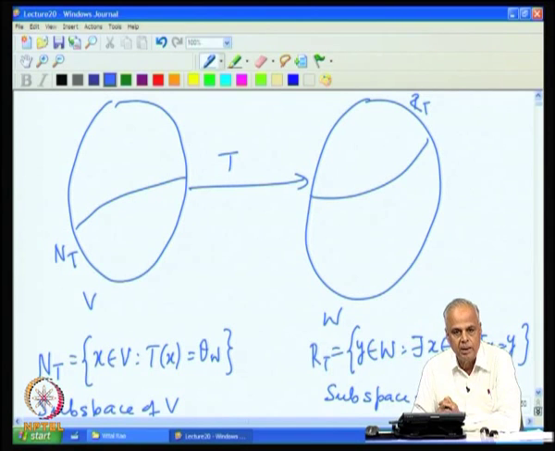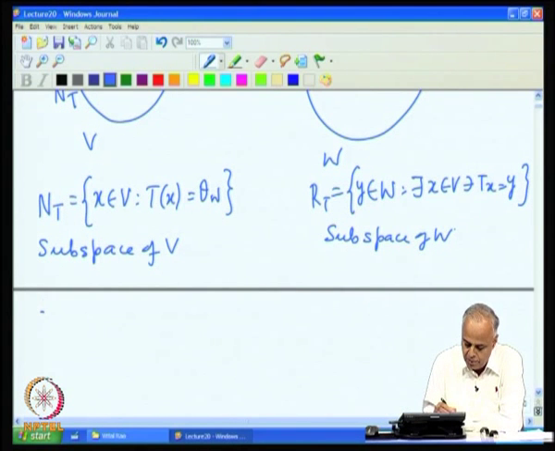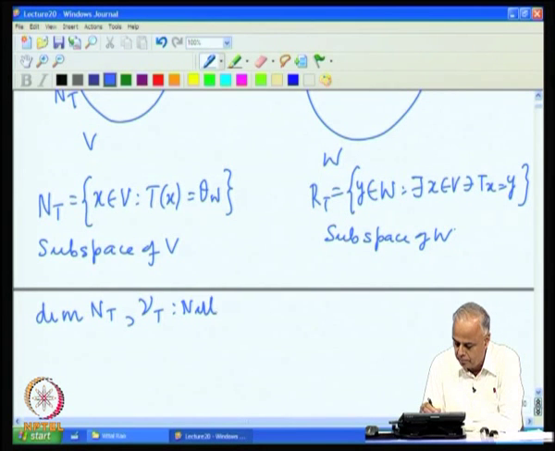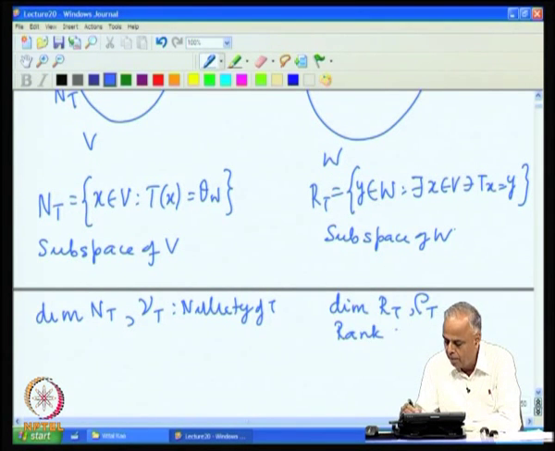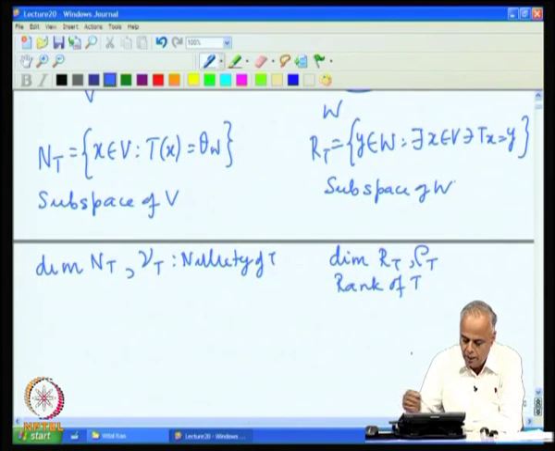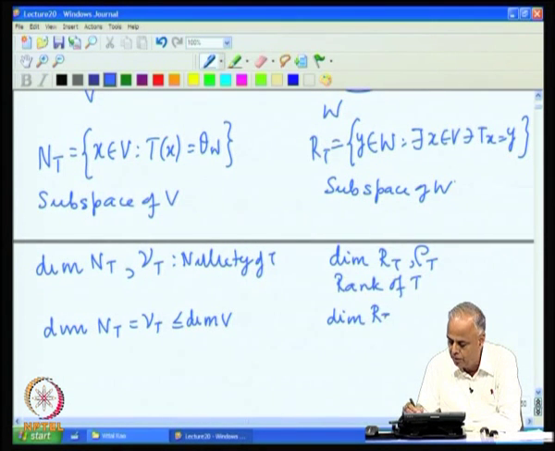On the domain side, we have the null space of T, and on the codomain side we had the range of T. The dimension of N of T is what we called nu of T, and it is called the nullity of T, and the dimension of range of T is what we called rho of T, and this is called the rank of T. And clearly, N of T being a subspace of V, dimension of N of T which is nu of T is less than or equal to dimension of V, and dimension of range of T which we call rho of T must be less than or equal to dimension of W.